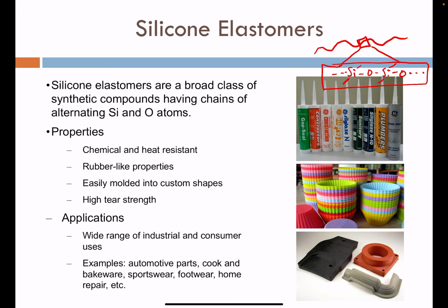And likely you're familiar with things like silicone caulking for your bathtub or around your kitchen sink, silicone cookware or spatulas to help remove food from cookware or dishes. And the low surface tension of silicones is advantageous for the cleanup. And of course, the thermal and chemical resistance comes in handy with the automotive parts, for example.